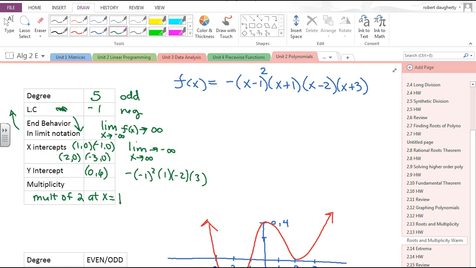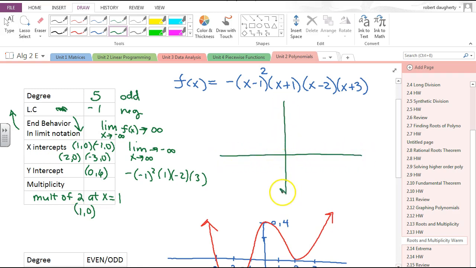We've always written it in this form. Well, the multiplicity happens at the root, not the factor. So it's at that point. You could write it happens at 1, 0. That's okay, that's the same thing. This is enough information to get a good graph now.